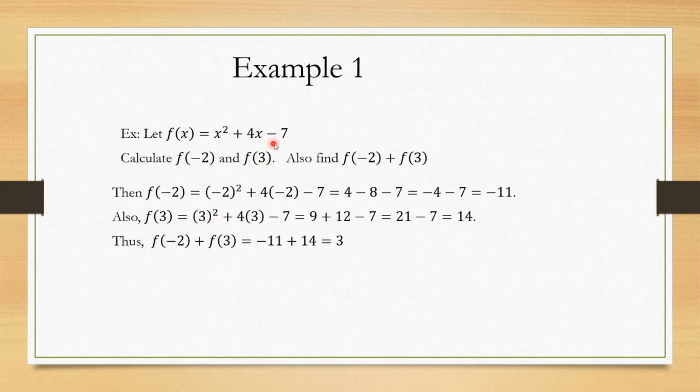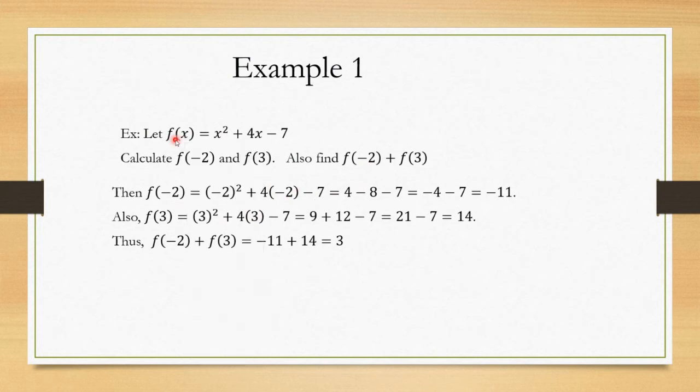So let's say f of x was this polynomial. Let's calculate f of negative 2 and f of 3. Then we can use those solutions to get this sum. Well, how do you get f of negative 2? All you're doing is replacing x here with negative 2, as I'm doing.